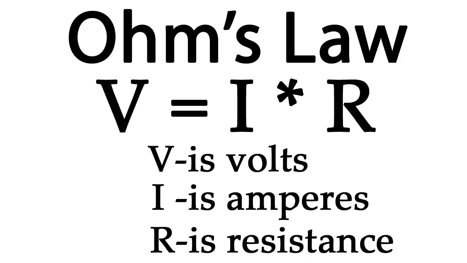In today's world, the V has been changed to an E. E equals I times R is extremely useful, but sometimes we don't know what I is, and sometimes we may not know what R is either. So we can solve for I and we can solve for R.